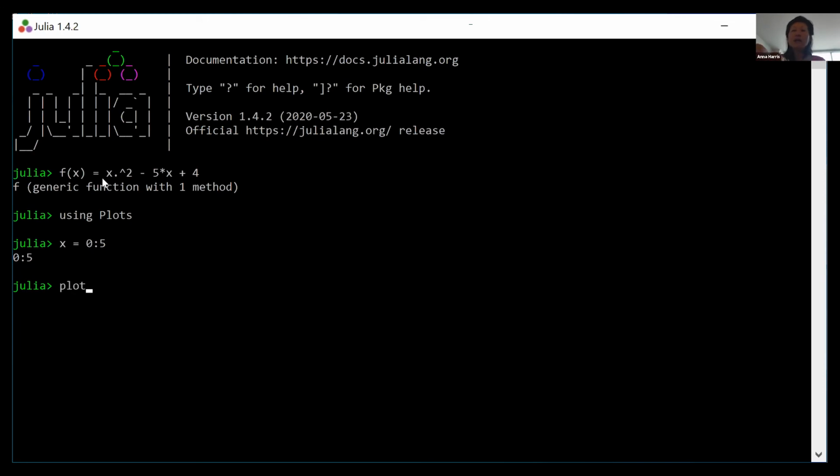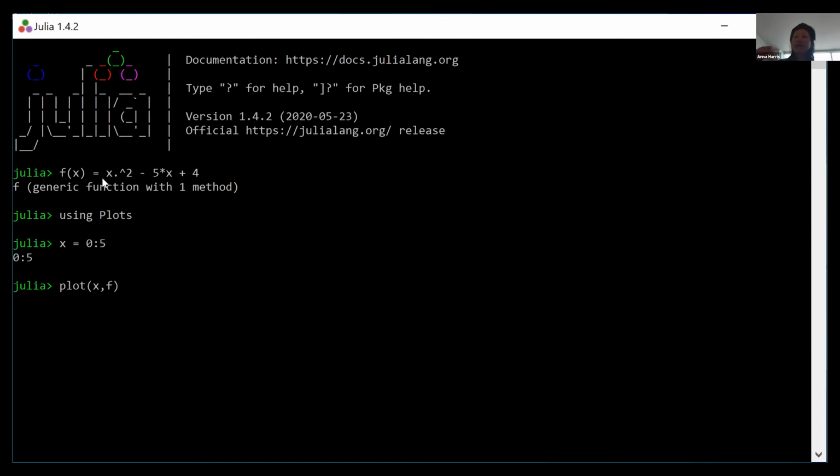Now I'm going to plot x versus f. So I want to see my graph. I'm graphing x from 0 to 5. That's what I wrote. x equals 0 colon 5 means I want my x to be 0, 1, 2, 3, 4, 5. That's what that means.